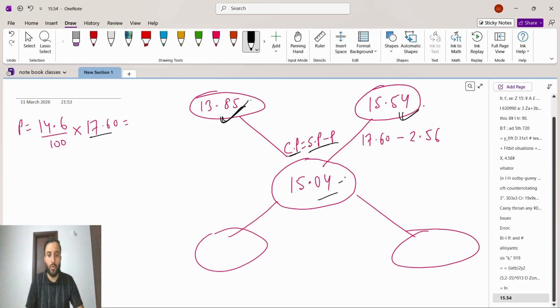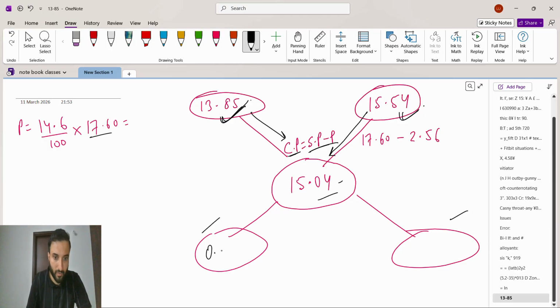Okay, now in which proportion: we have to subtract this, we will get the value here. Subtract means bigger value minus smaller. So 15.54 minus 15.04, it will be 0.50.